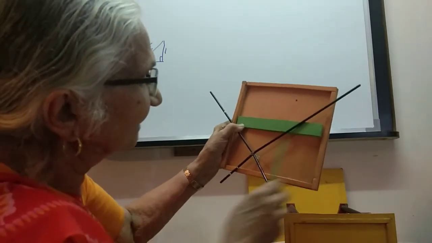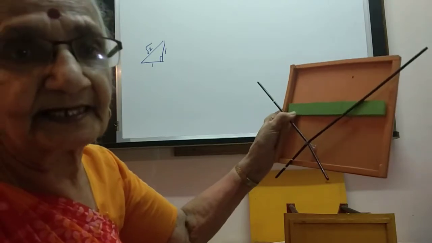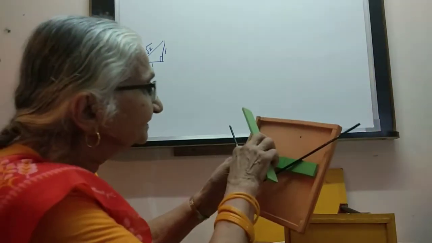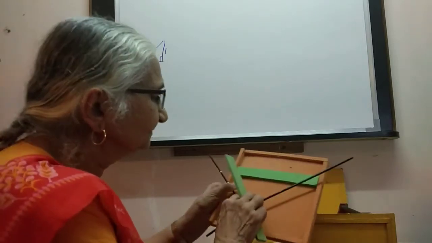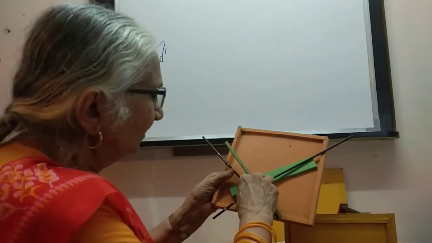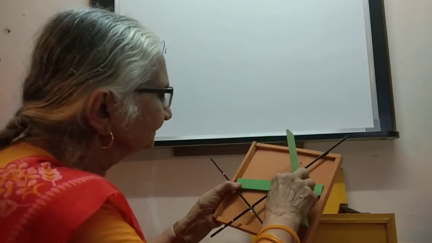Now you can see that this point is far away. I want these 2 points to be vertically aligned. And for that reason, we will have to move this. And how shall we move? Well, we keep moving this.